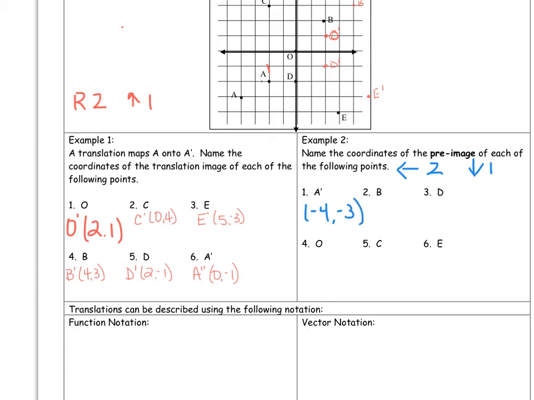So let's go back to, I'm going to skip over to O. Here is point O. If I want to go backwards, I want to go down 1 and to the left 2. So the pre-image of O would be negative 2, negative 1.